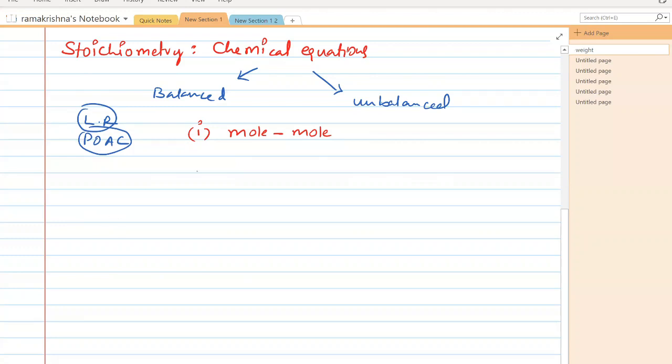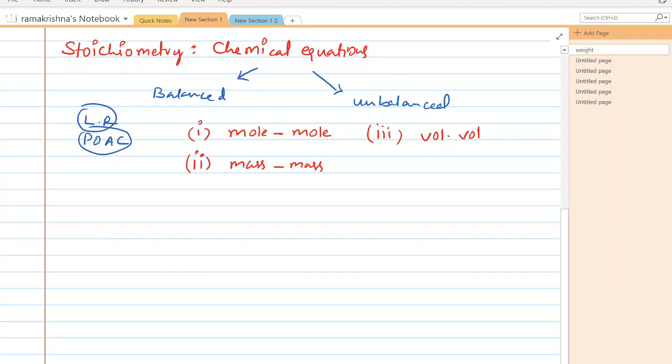The second one is mass relation. The given data may be in terms of mass, and the question is to find the product or reactant in terms of mass only. The third one is volume relationship. It may be at STP or other than STP conditions. All are interrelated with each other.